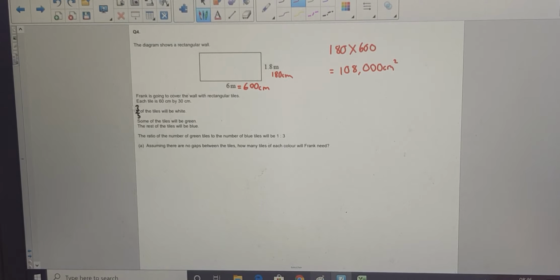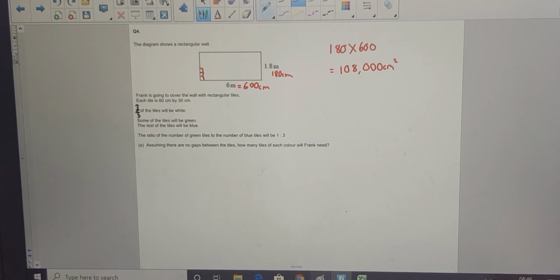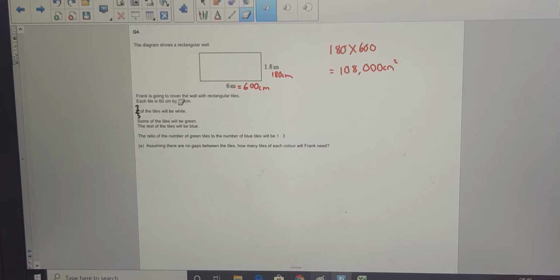Now tiles are going to be filling this up, yeah? So I need to work out the area of one of those tiles. Well, the tile, so it's a really loud, I reckon it's a magpie, if you can hear that, sorry for the disturbance.